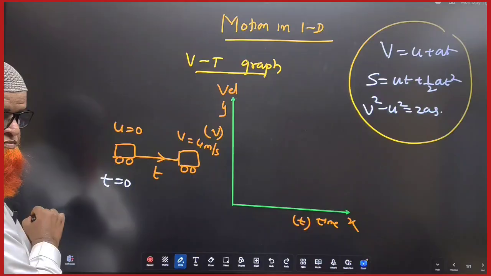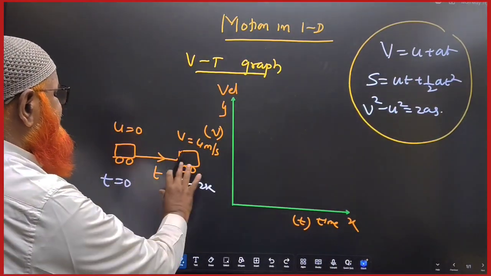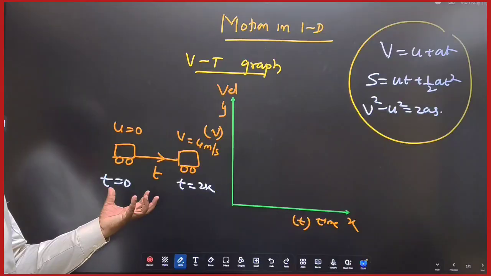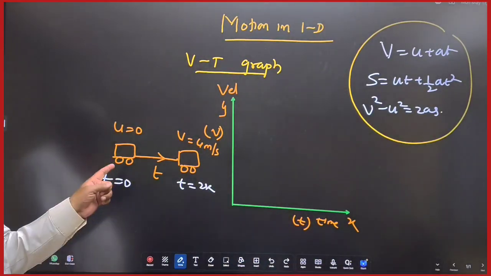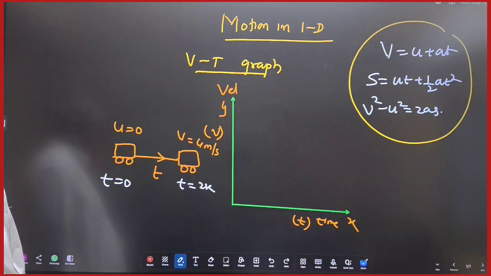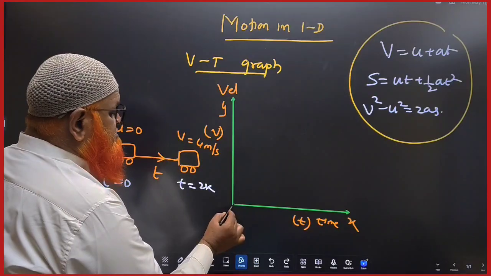After time t = 2 seconds, the body is here. How do you represent this situation in terms of graph? Very simple. When time is 0, velocity is 0. Velocity of the car is 0. That means your graph starts from here.